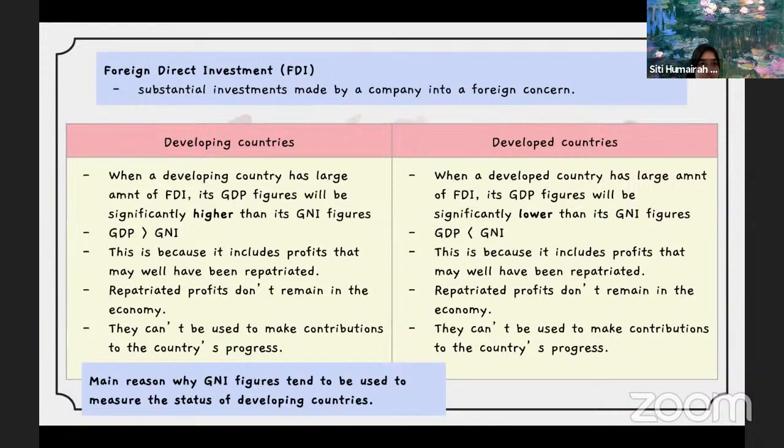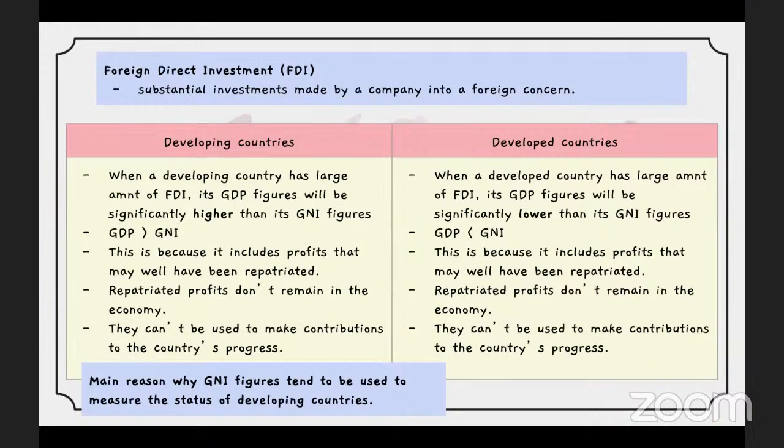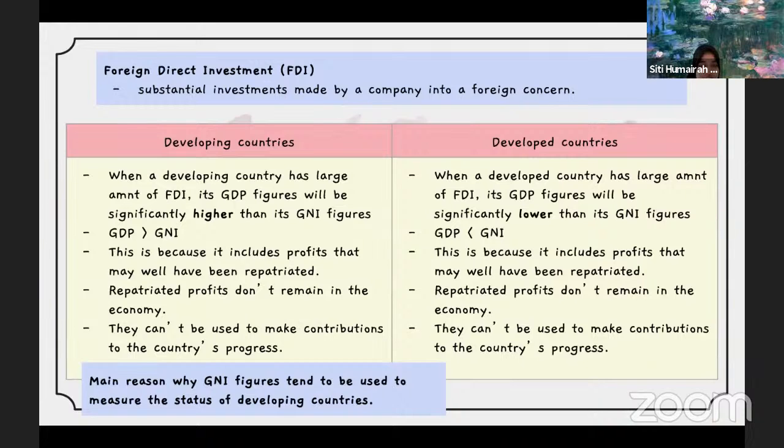So for developing countries, GDP will be higher than GNI because it includes profit that has been repatriated. Repatriated means sending the profit back to the original country. Since GDP includes the income from all economic activity, including foreign companies, it must be deducted because the money will be sent to the original home country.